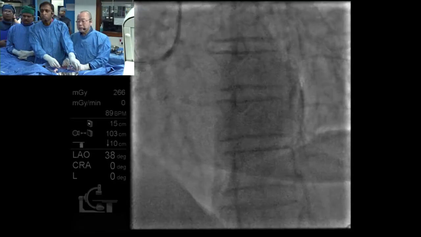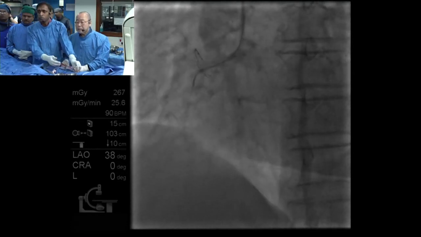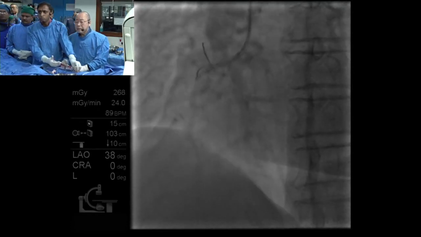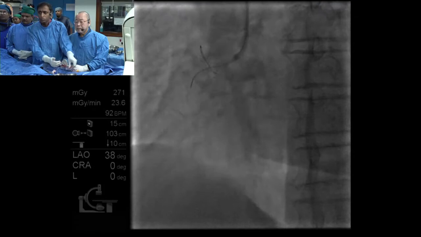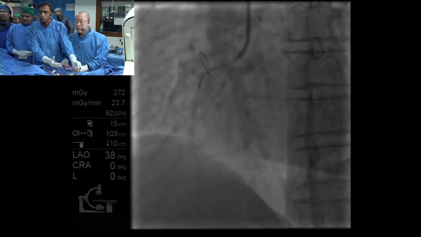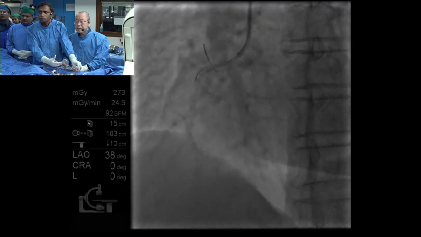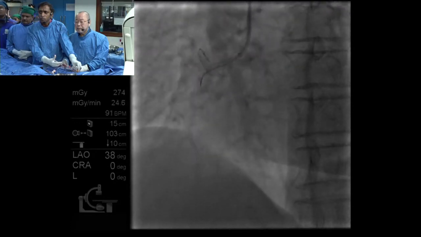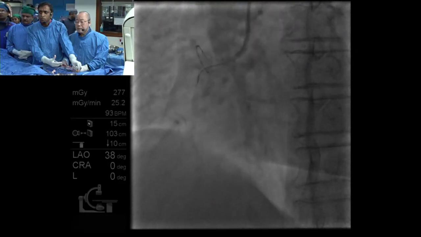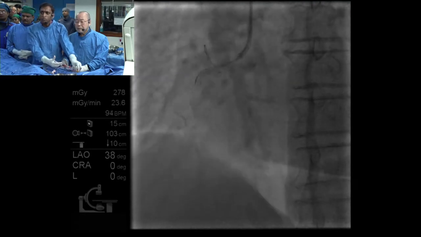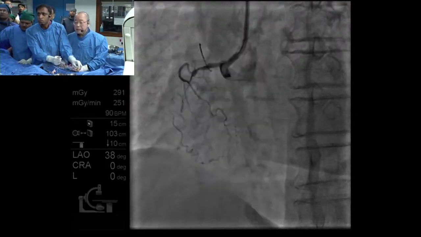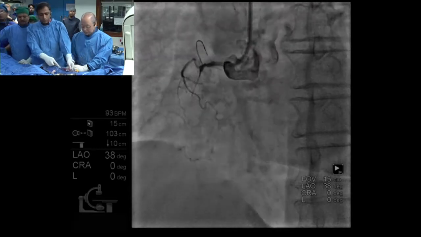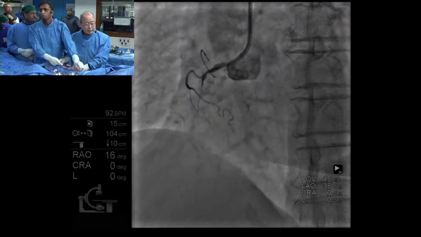Very unusual. Okay, and this one. Still in the subintimal space, looks like, right?